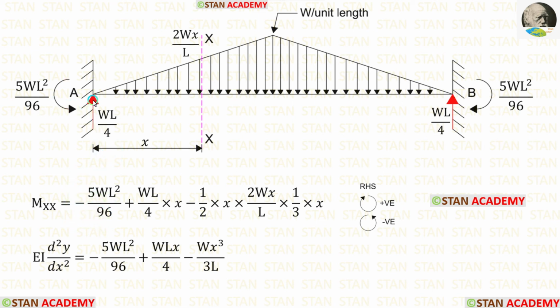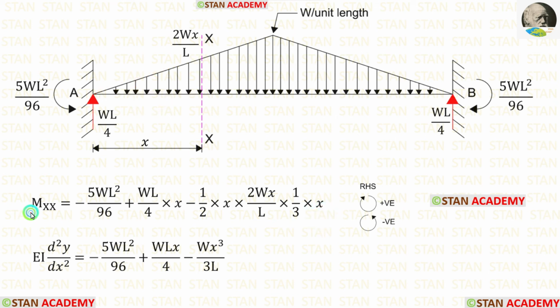The vertical reaction is acting in the clockwise direction, so it will be positive and the distance is x. The triangular loading is acting in the anticlockwise direction, so it will be negative. For the triangular loading, we have to multiply the area with the centroid distance.